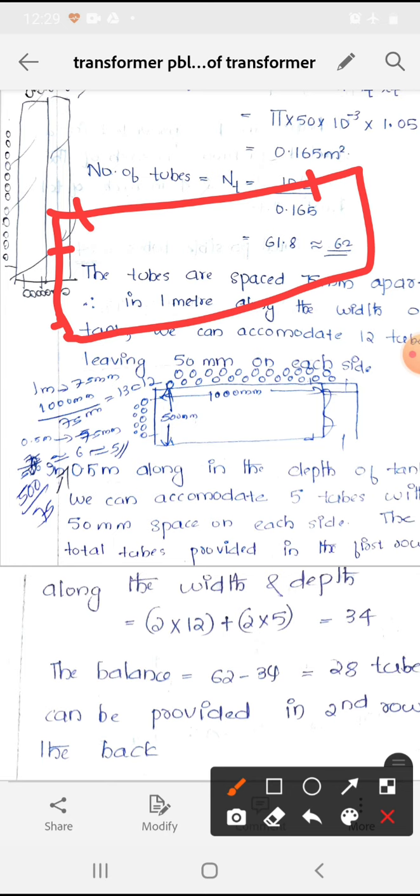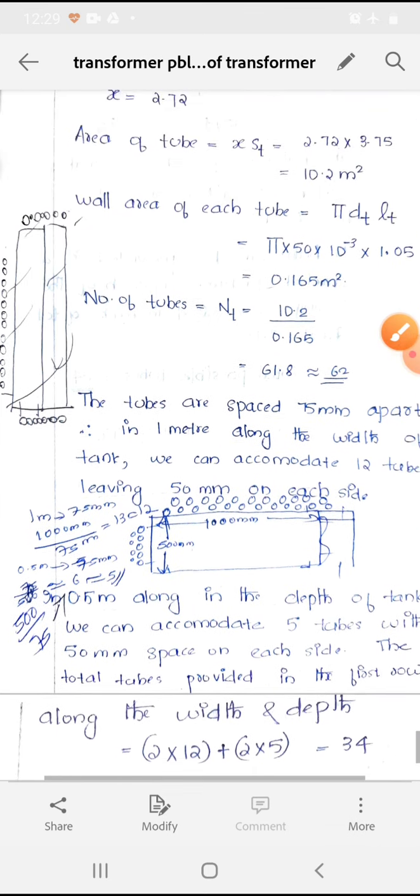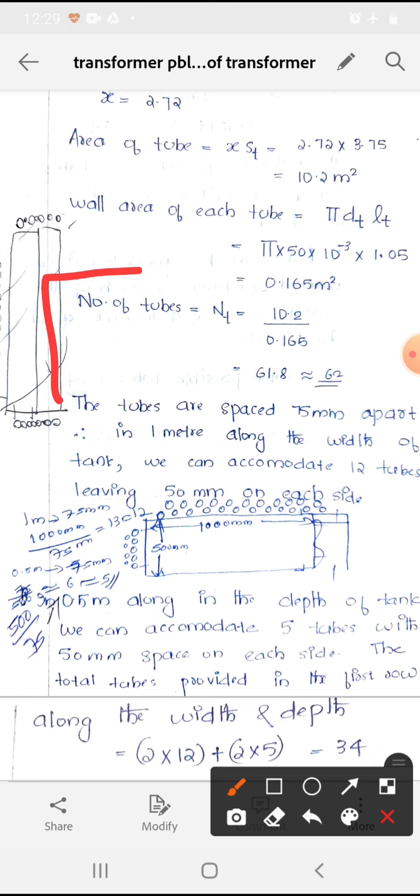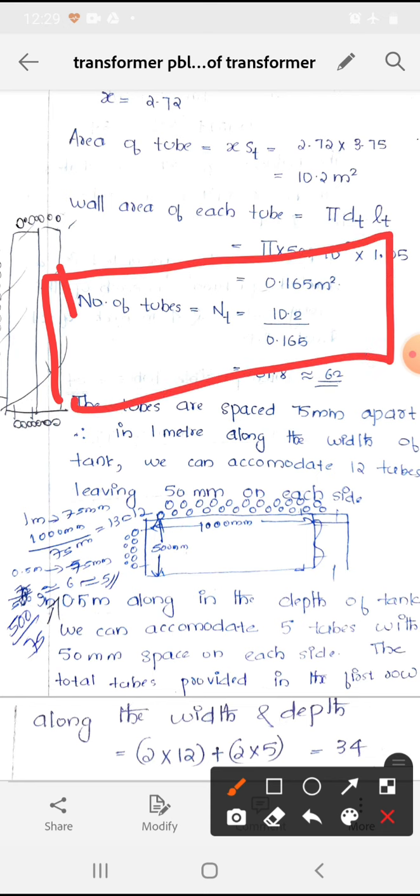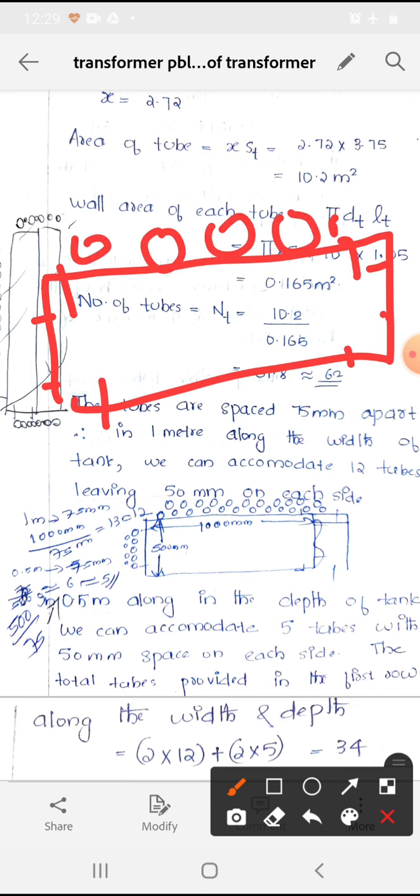Now just see, lengthwise we need to place 12. So 1 2 3 4 5, like that 12 tubes we will be placing here.